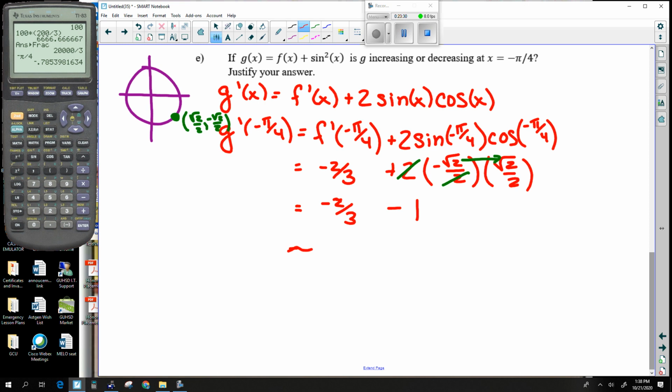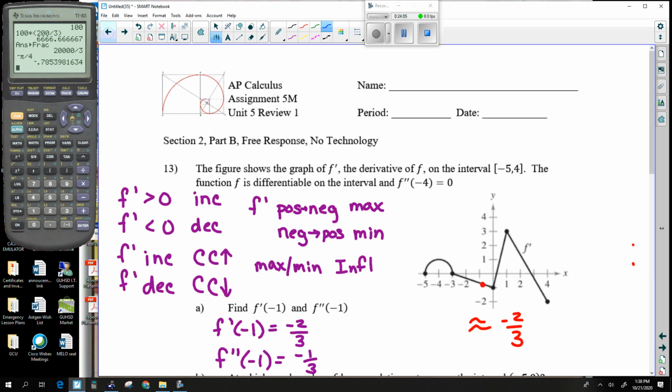So this is approximately negative 5/3 or something like that. All right, so anyways, is g increasing or decreasing? The one thing I know for sure is that this is negative. This absolutely is negative. So what does that say about g? g is decreasing. The derivative of g is negative, thus g is decreasing. And that's it.